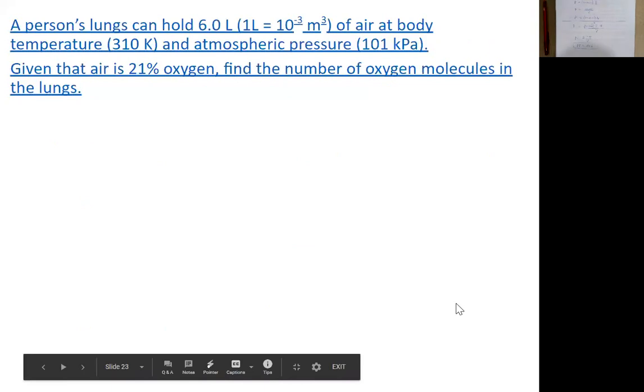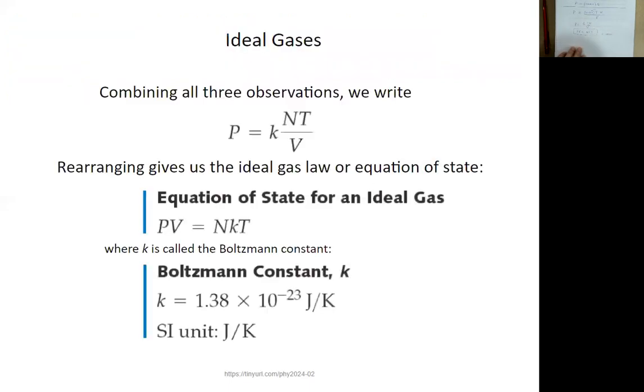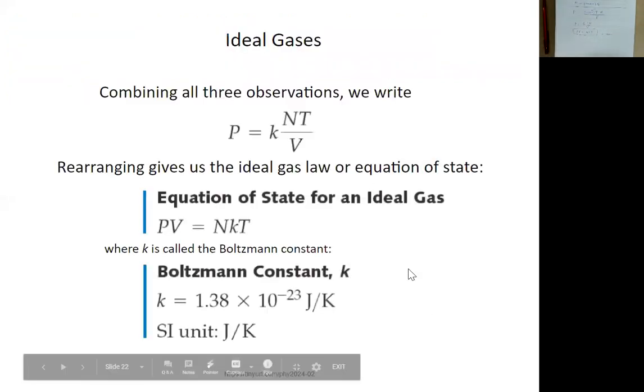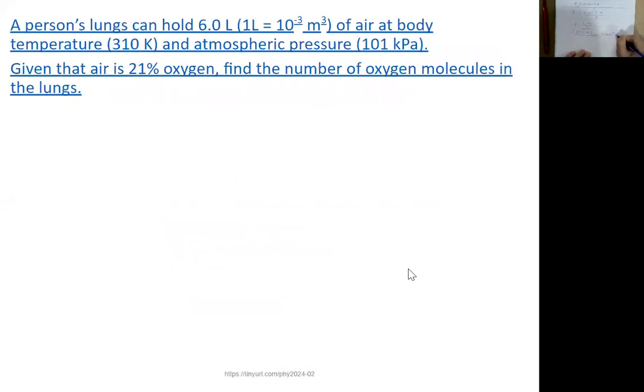So I think we are going to just use this equation. Given that k is equal to 1.38 times 10 to the minus 23 joules per Kelvin, it should be easy to do.